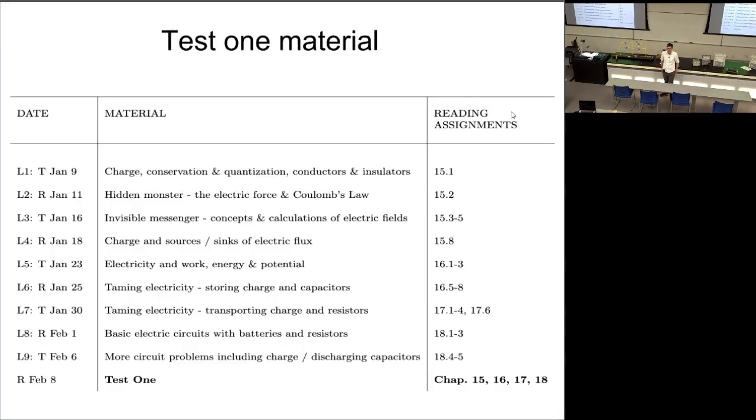So it's all the material on electricity: electrical charge, electrical forces, electrical fields, electrical flux, and electrical potential. And then the work we're doing now on electrical circuits involving capacitors, resistors, and batteries. Any questions on all that?